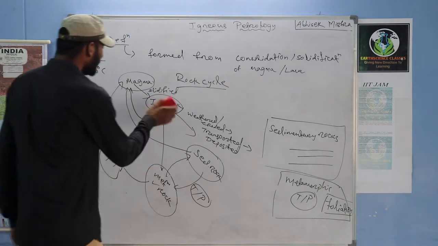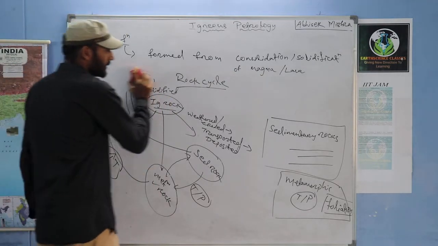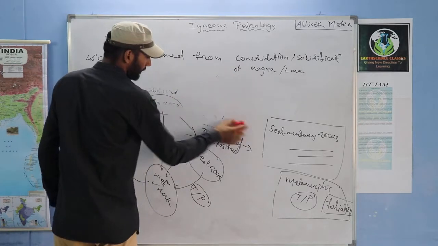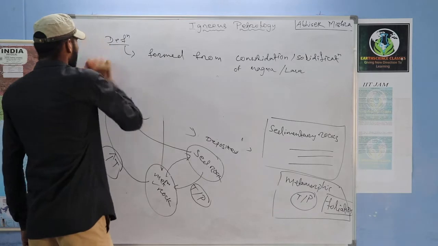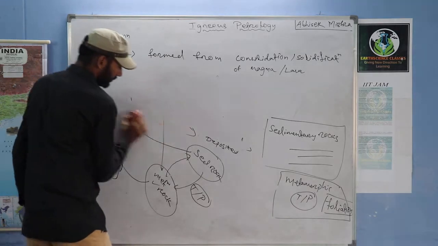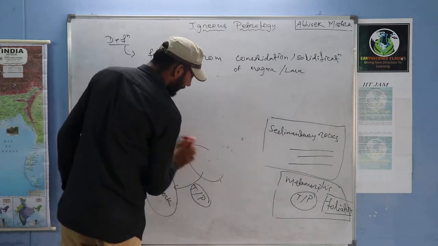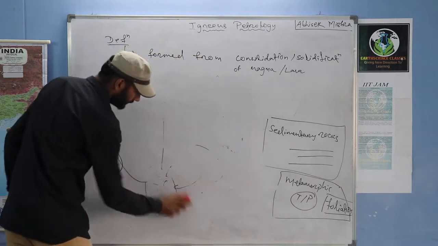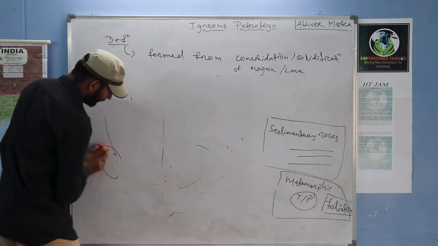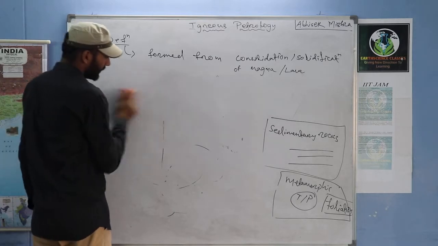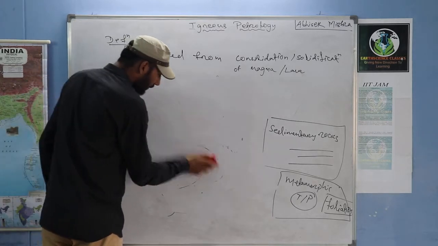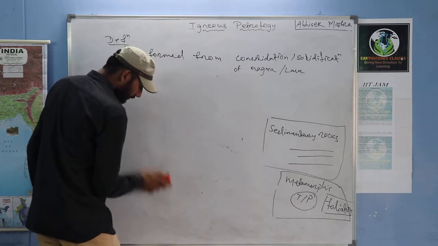So now we are dealing with igneous rock, and I have defined what you mean by igneous rock and how many types you get on the basis of depth, or I can say whether it is crystallizing from magma or from lava.